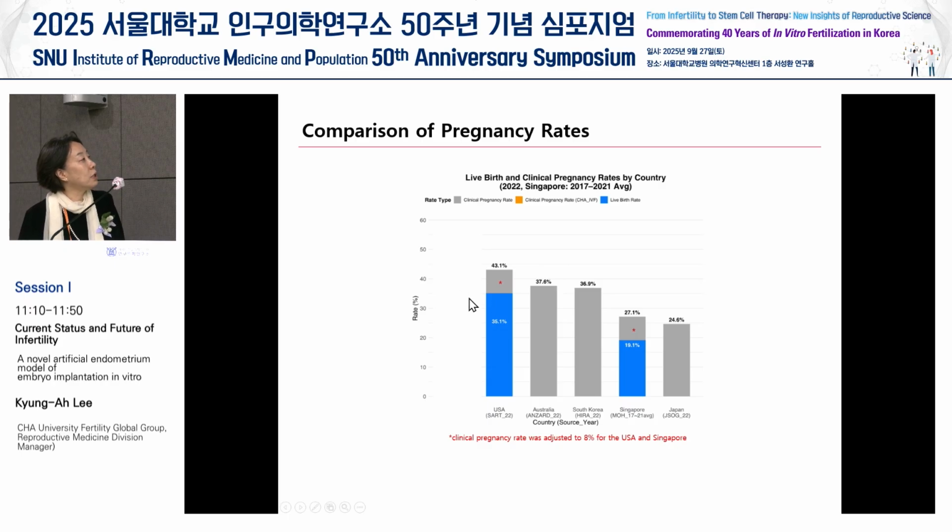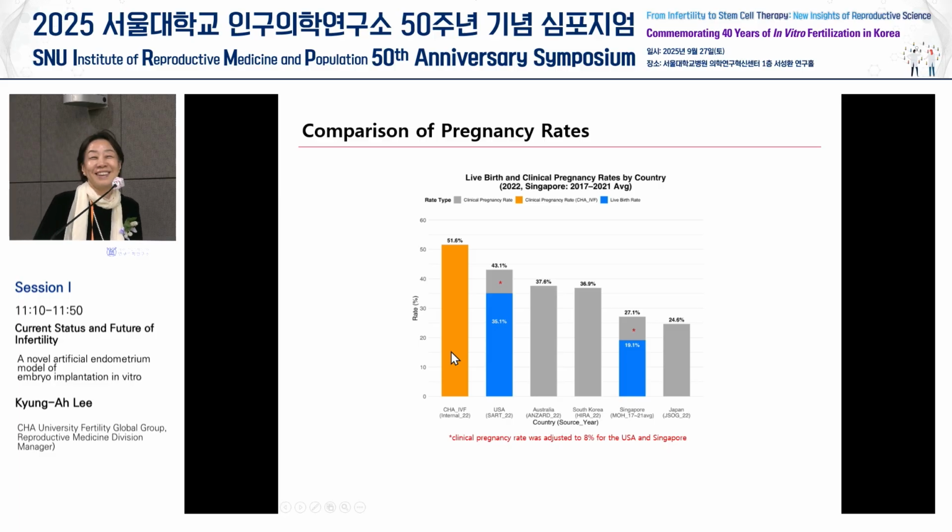But in 2022, Cha Hospital in Korea had an average success rate of 50%, and in Daegu and Seoul Station we are having 60 and 70% clinical pregnancy rates lately.